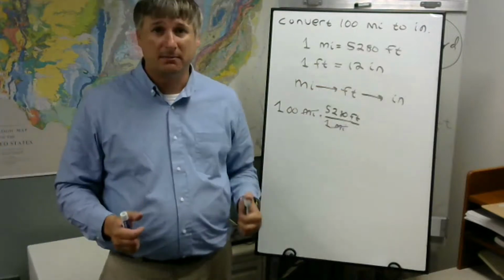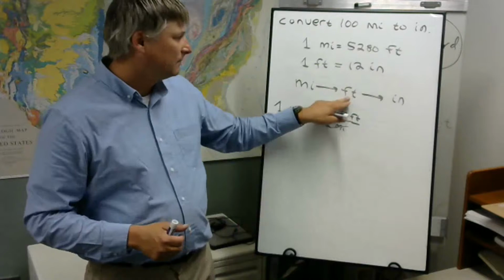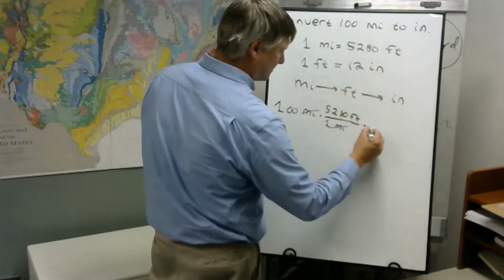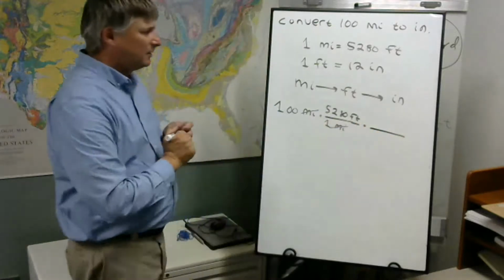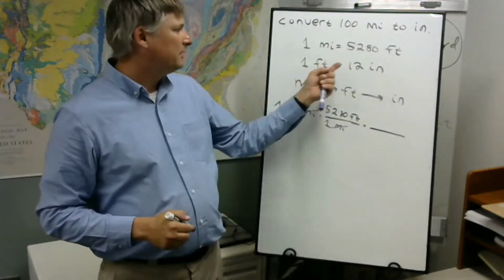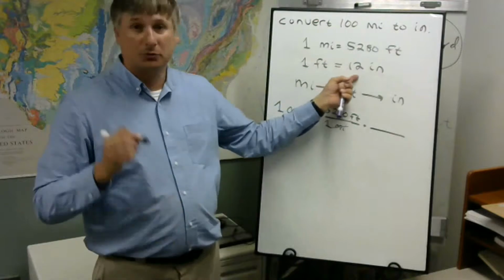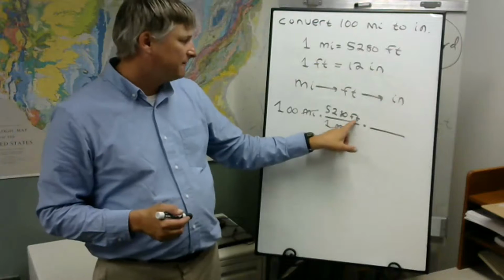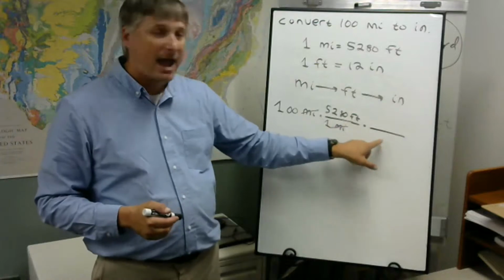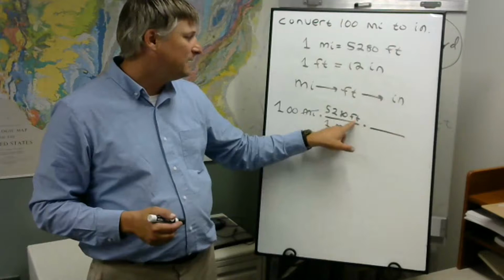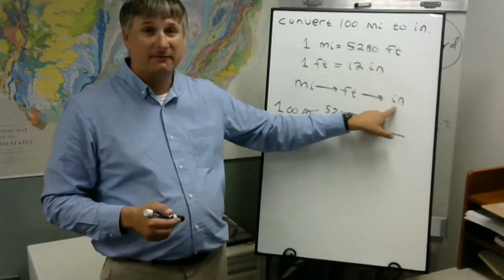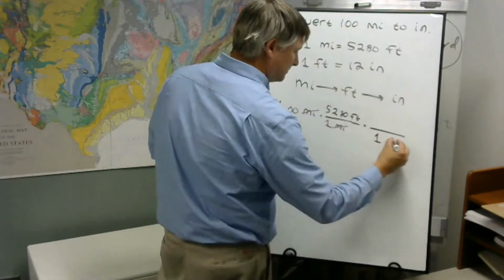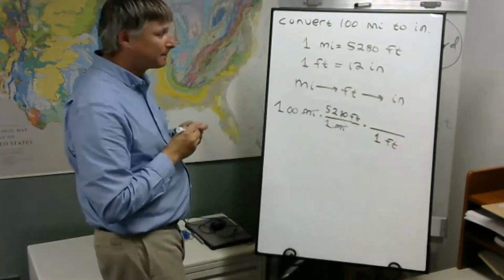Next, we need to convert from feet to inches. Here to here. So for this one, 1 foot equals 12 inches, or 12 inches equals 1 foot. Now, in this case, we got feet on top, so that means feet have to be on the bottom to make feet disappear so we can have inches. So to make feet disappear, 1 foot on the bottom.